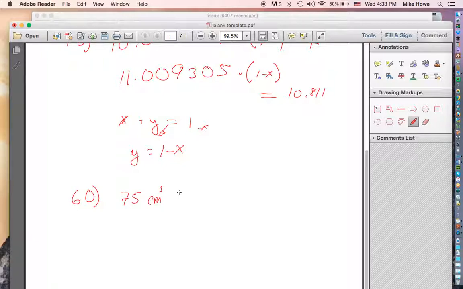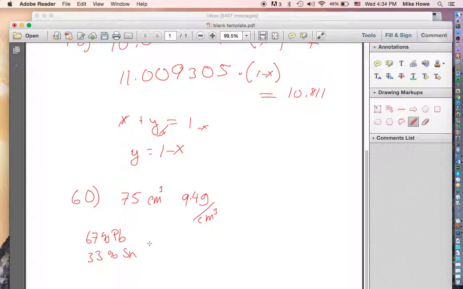and solder has both lead and tin, and the density is 9.4 grams per cubic centimeter. Okay, that's 67% lead. Now, if it's 67% lead, then that means it's 33% tin.